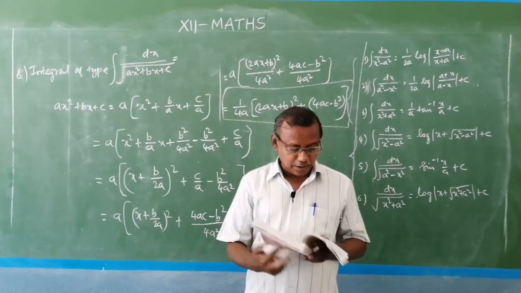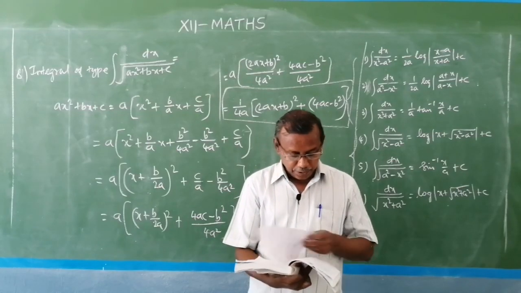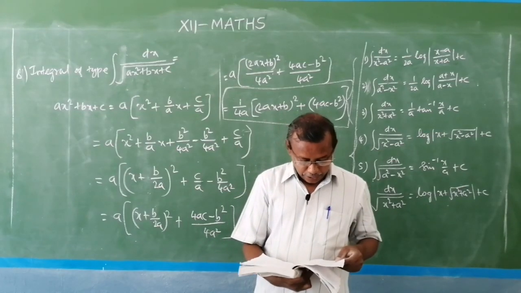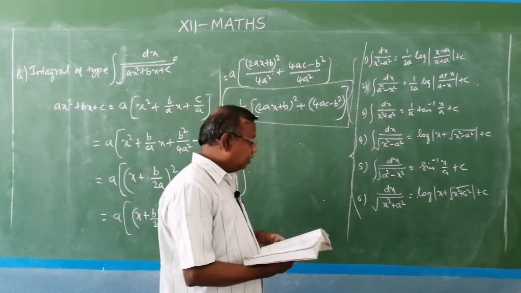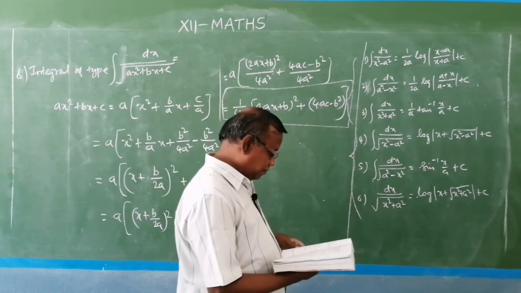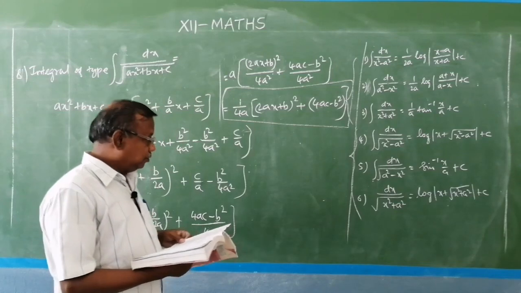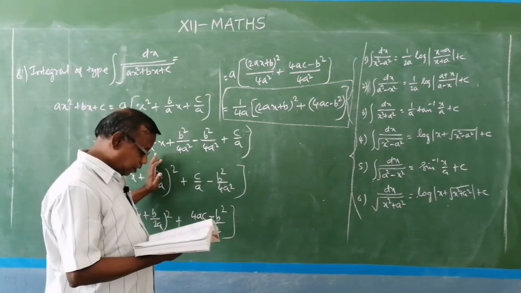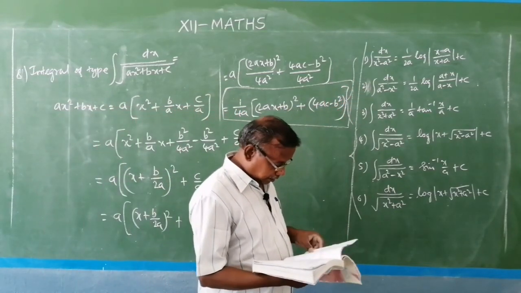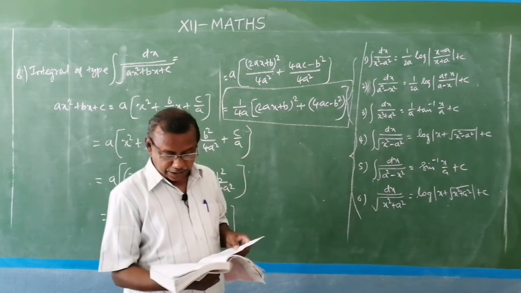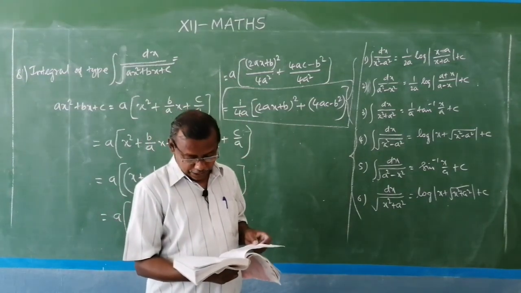So there are some more types given in the book, 9 and 10; we have seen until 8 types. So types 7 and 8 are related to the first 6 formulas, and types 9 and 10 will be taught later.